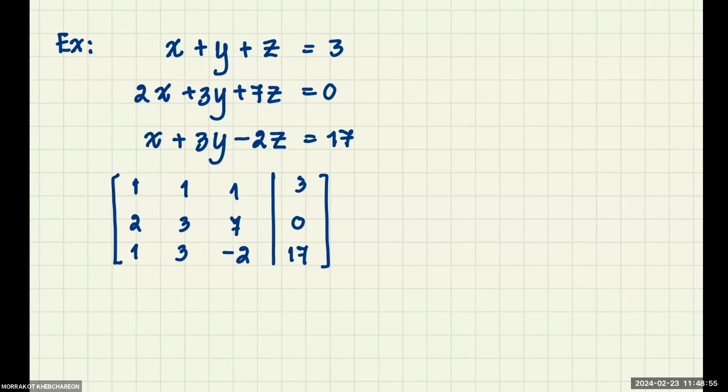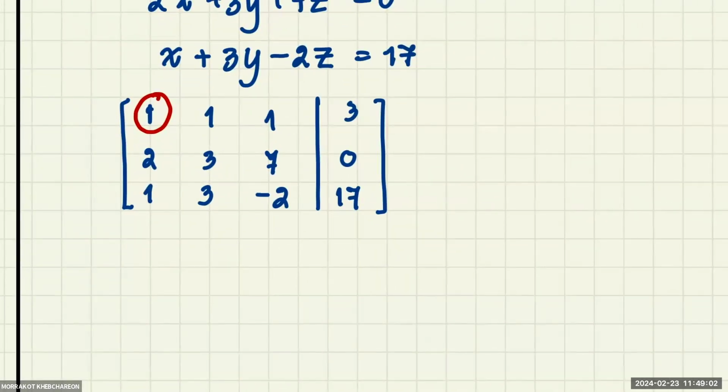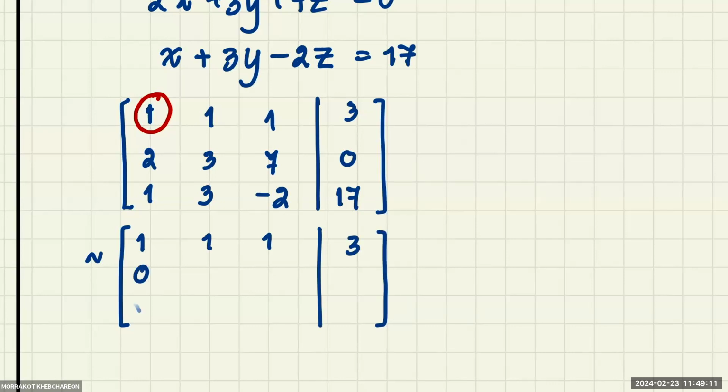Since this one is 1 already, that's fine. Okay. So now I will make the ones below equal to 0. Row 2 minus 2 row 1, row 3 minus row 1.